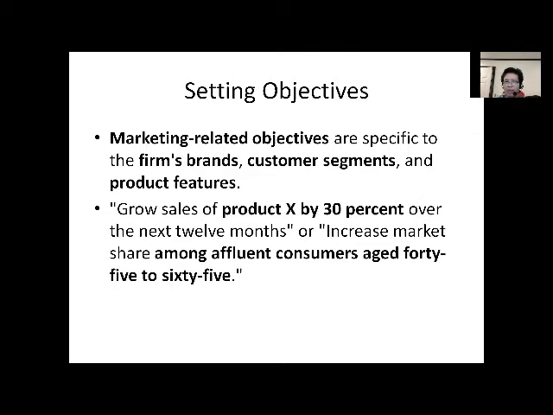And in what time frame? Within 12 months. Earlier we had just increased market share, but now it's even more specific. What segment of consumers? The rich or affluent consumers. What age group? 45 to 65.